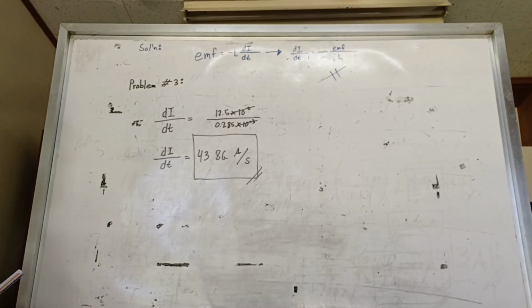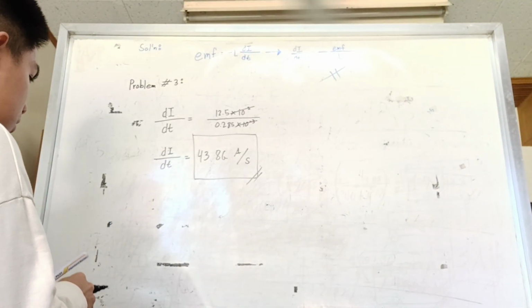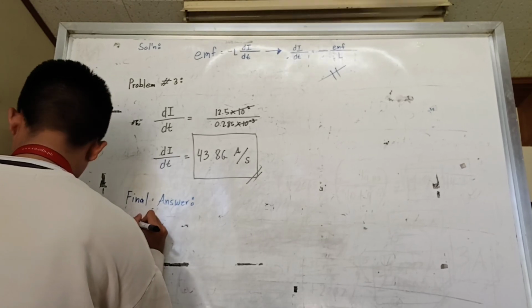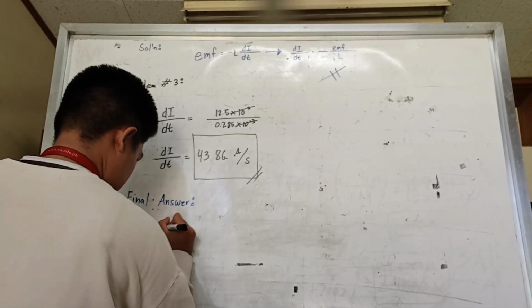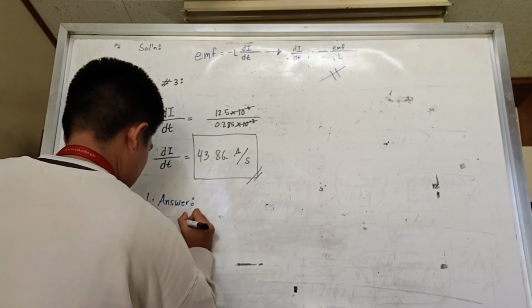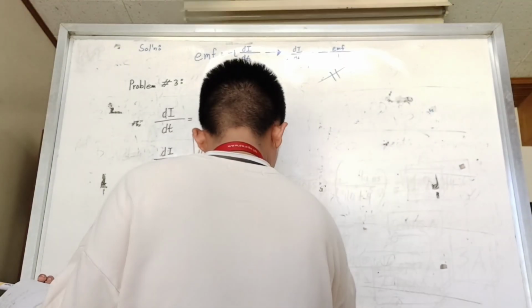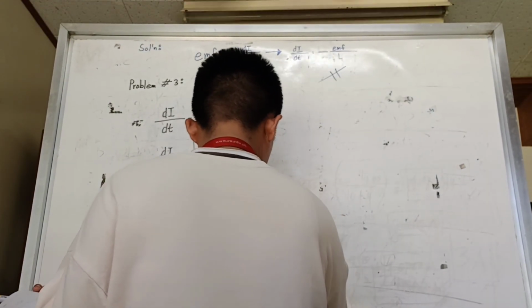Now, if we review all the answers: for problem number 1, the voltage of the battery is equal to 4.52 volts.